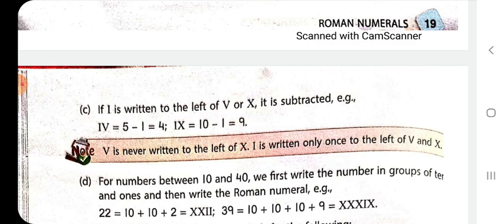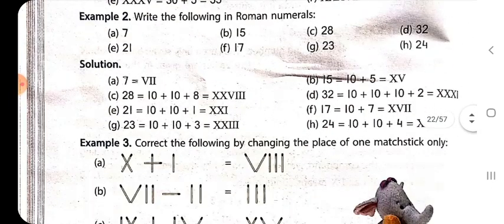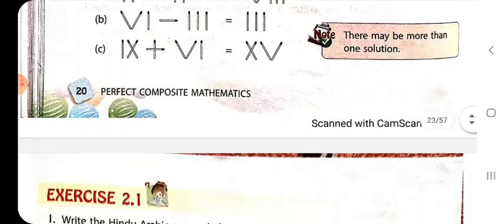And if we write any symbol to the left of another symbol, it is getting subtracted. It will be much clearer when we begin with our exercise.